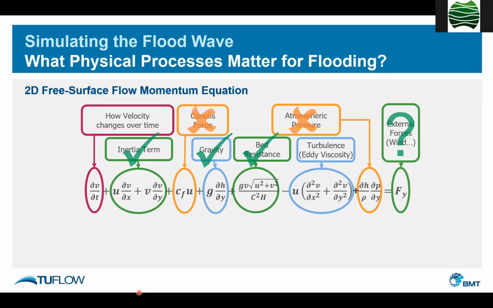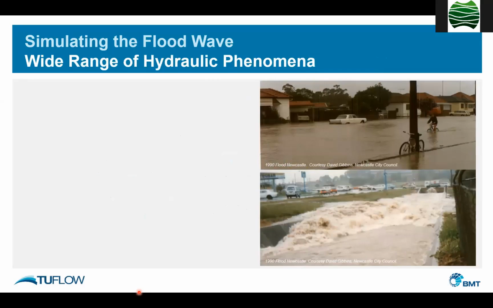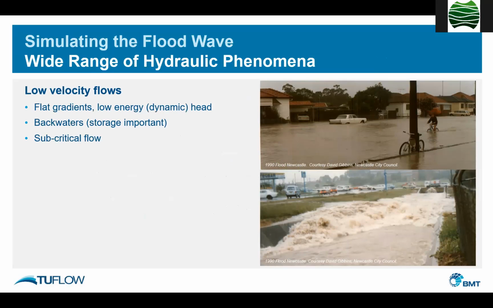Inertia will be needed at times, particularly where your flow is going around bends and so forth, and similarly for turbulence or eddy viscosity. So just to try and picture that for people, on the right-hand side of the screen here, there are two photos taken from the 1990 flood in Newcastle, Australia. Both photos are taken in close proximity to each other. The top photo is basically away from the main flow path.